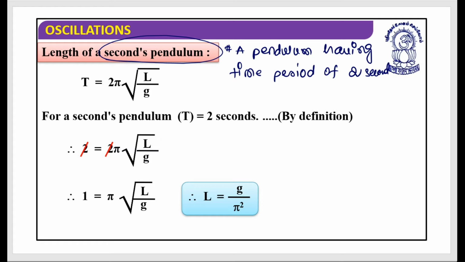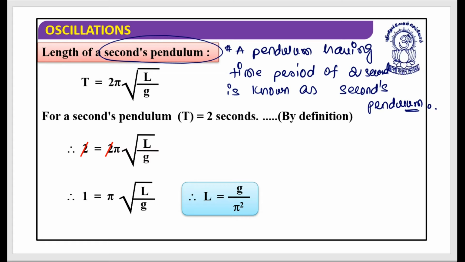A pendulum having a time period of 2 seconds is known as a seconds pendulum. This is what we know as a seconds pendulum.